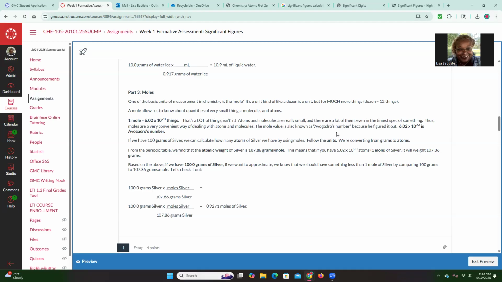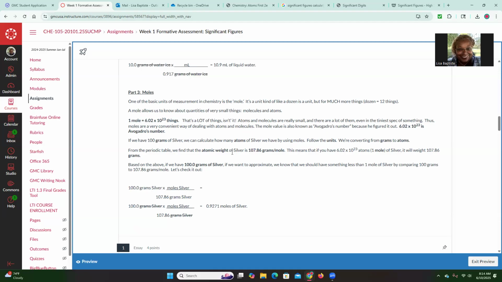And then if we are looking at grams, 1 mole can equal some number of grams as well. And the grams is based on the numbers in the periodic table. In the periodic table, the number that is listed at the bottom is known as the grams for 1 mole.